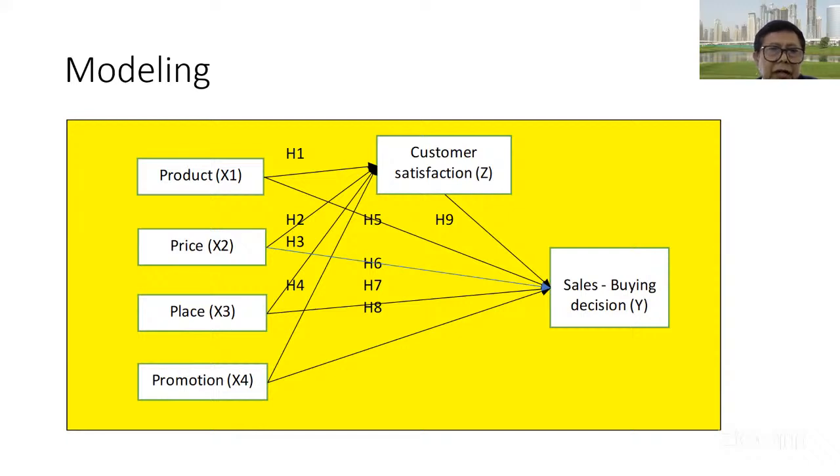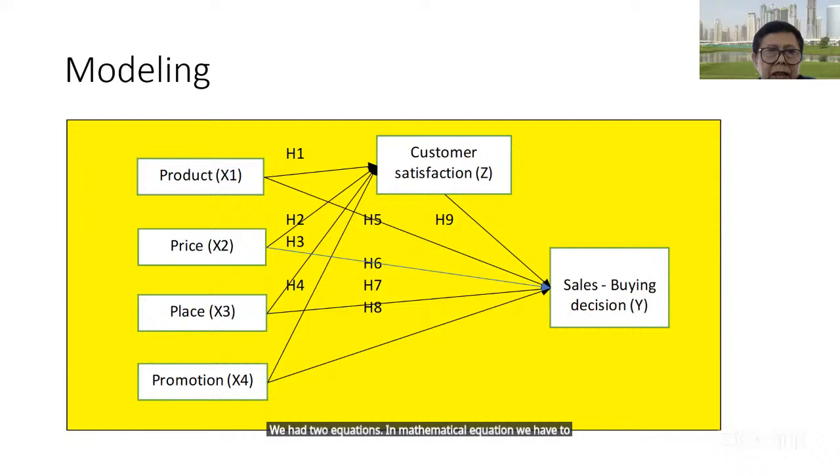And then between the independent variables and the dependent variable, we have an intervening variable. The intervening variable for this case is customer satisfaction. So in this modeling, we have two equations, two mathematical equations.